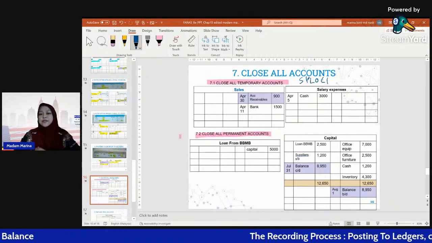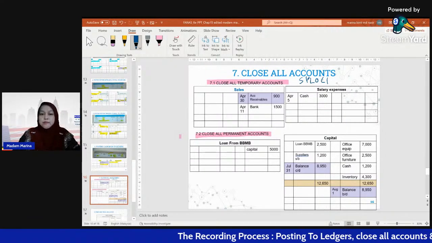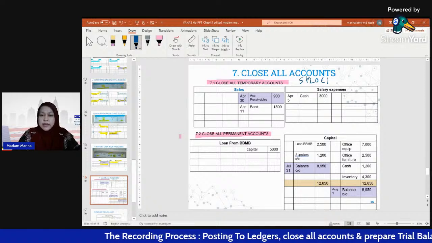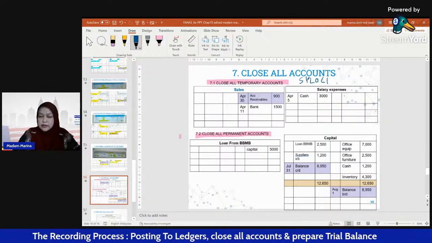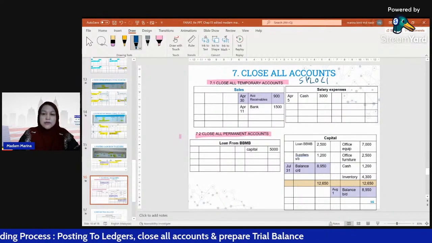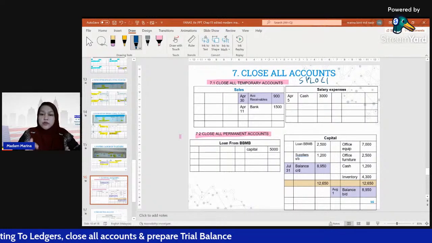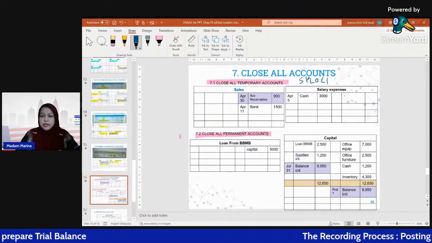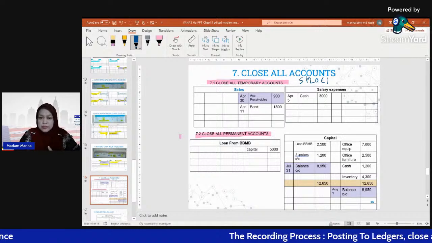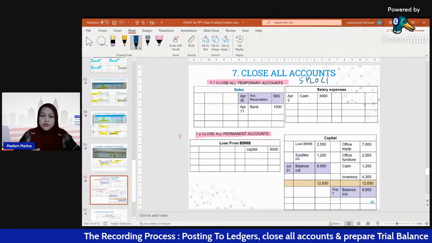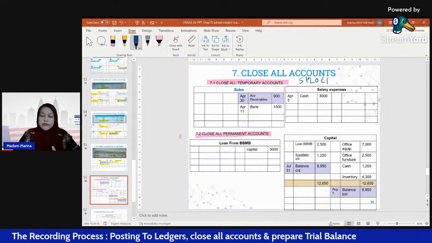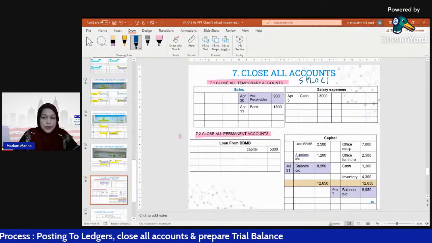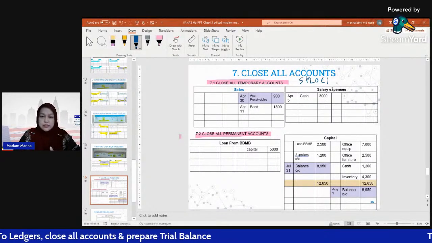Okay, so after this, please open the link that I given to you, link Articulate Rise, for spreadsheet part. Look at the format of spreadsheet and try to remember the format and try to remember all the accounts under spreadsheet. Okay, under spreadsheet we have revenue expenses accounts, all the revenue expenses accounts.